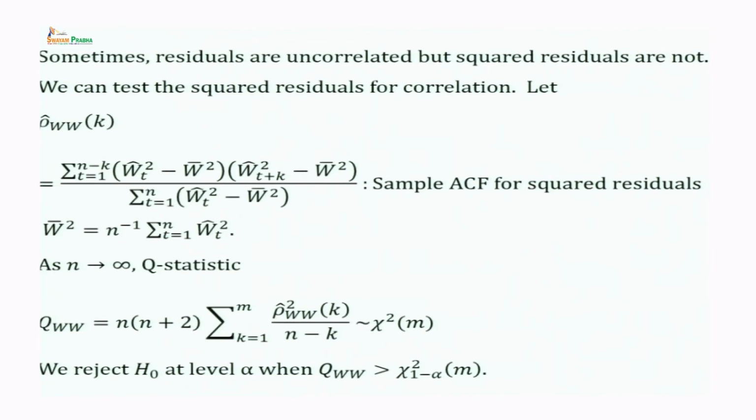So, you can check using this statistic whether your squared residuals are uncorrelated or not, and we reject H naught at level alpha when this calculated statistic is greater than the tabulated one.